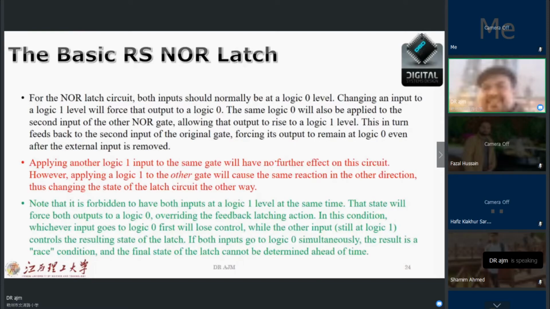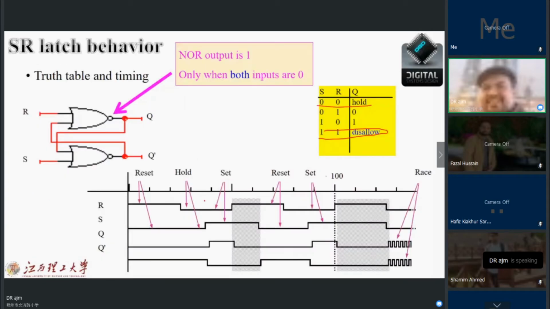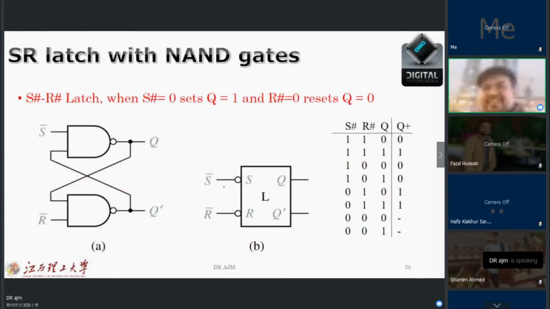If both inputs go to 0 simultaneously, the result is a race condition, and the final state of the latch cannot be determined. Then let us see once more what we talked about for the S and R latch: when S is 0 and R is equal to 1, then it resets, and Q is equal to 1.